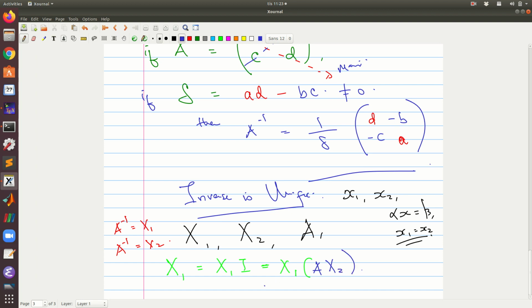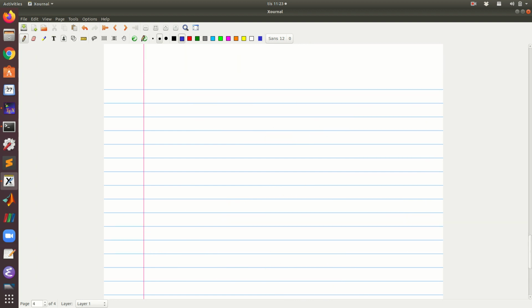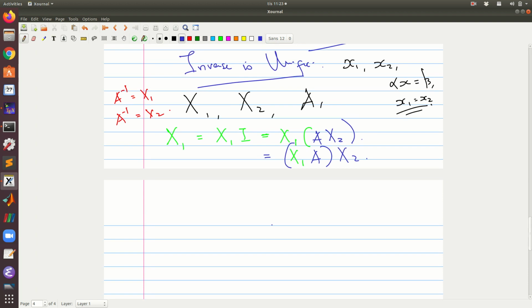And then we know that now associativity can come in, and then we can say that this is x1 times A, okay, then times x2. Again, since we know that x1 is the inverse of A, we know that the inverse multiplied by the matrix is going to give us the identity.